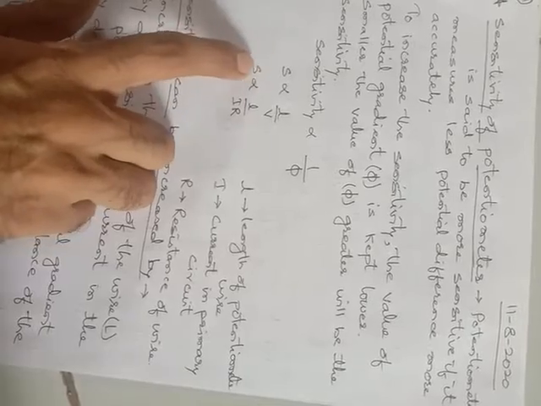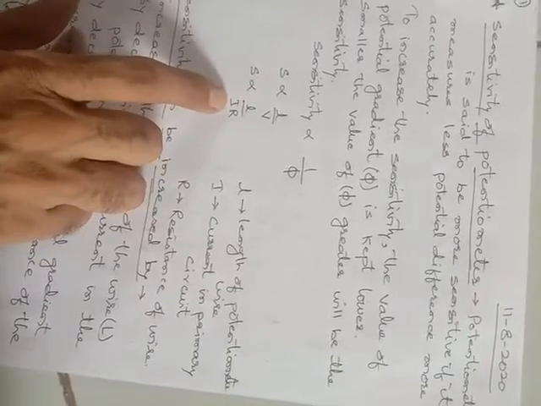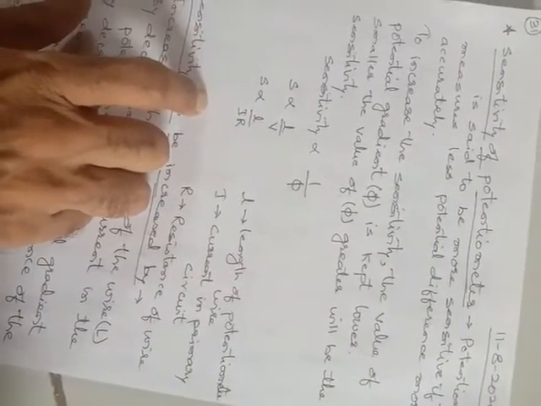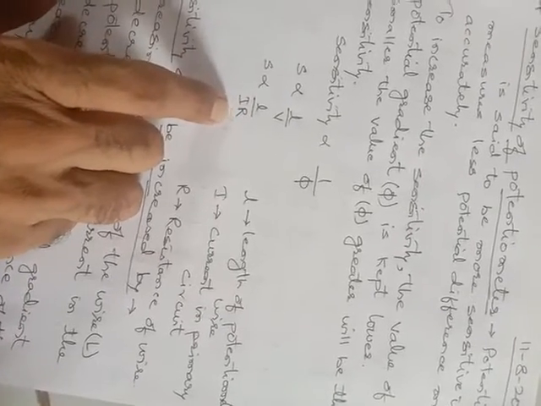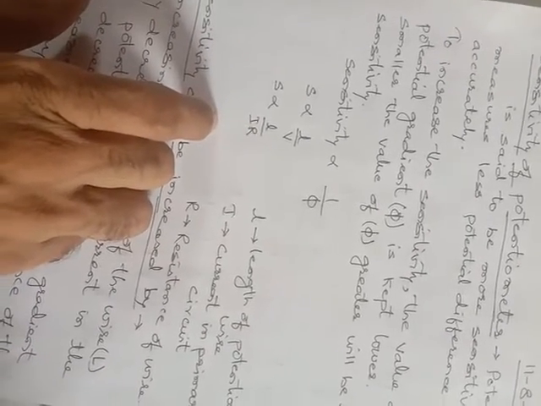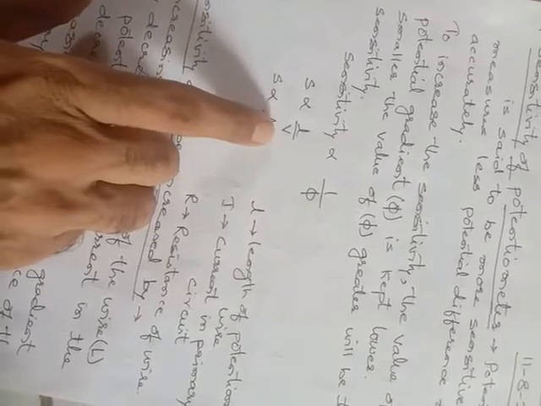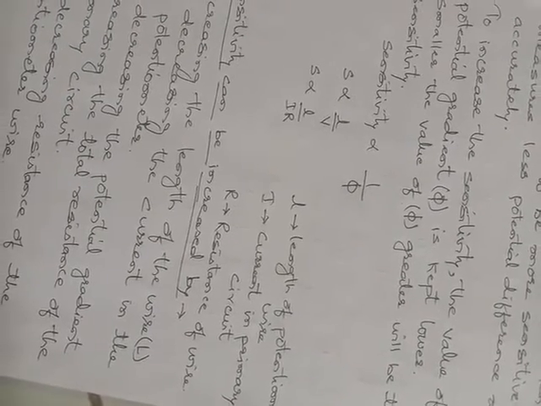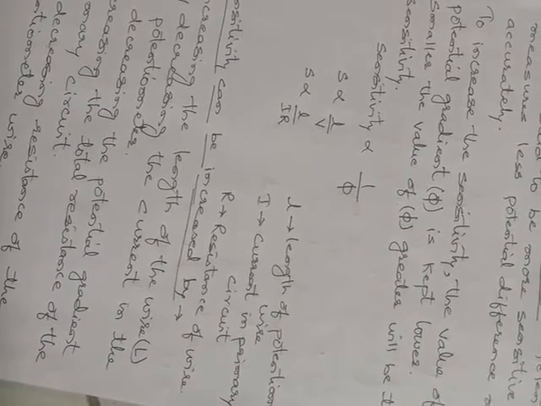So what do we have to do? If I have to increase the sensitivity of the potentiometer, I have to decrease the current, decrease the resistance of the wire, and increase the length of the wire. Yesterday we saw that the potentiometer comes in two types, 4 meter and 10 meter.